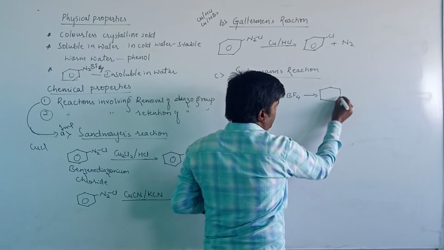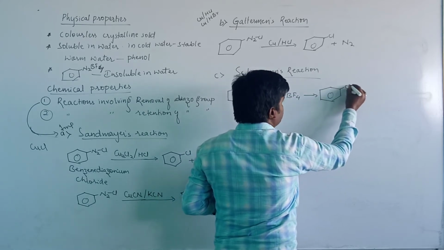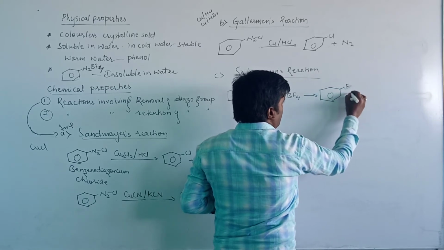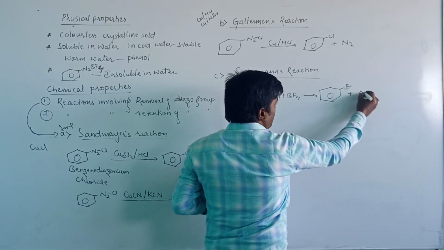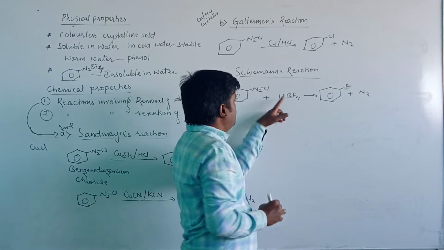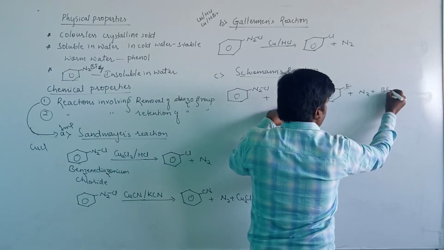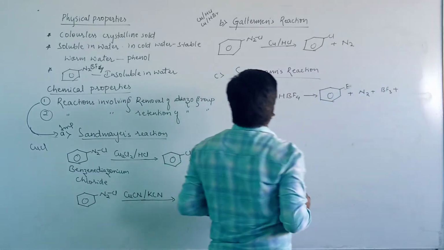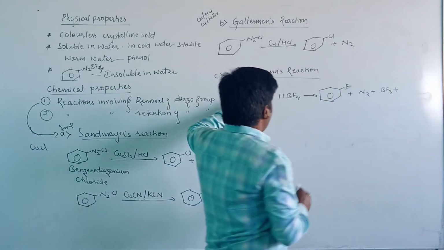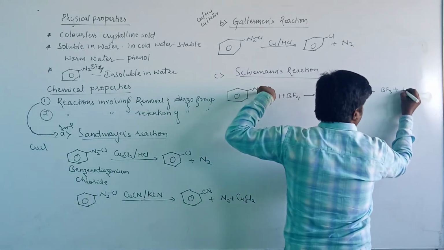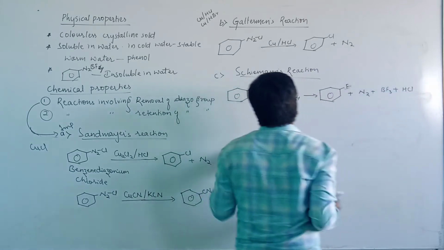The compound here is fluorobenzene, and the byproducts are N2 and BF3, and another product is hydrochloric acid.